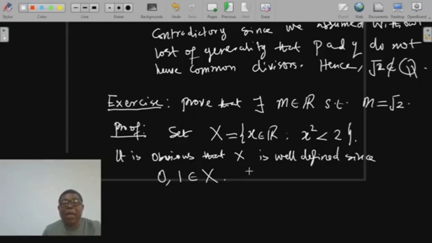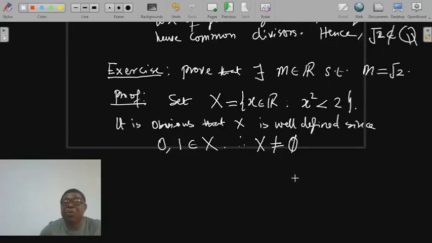So 0 and 1 belong to X. We have therefore that X is not an empty set. This is what we mean by X being well defined.